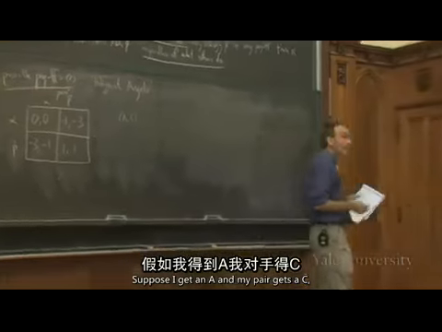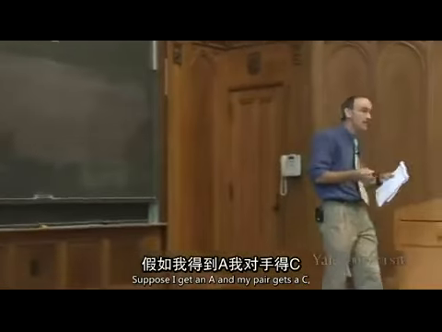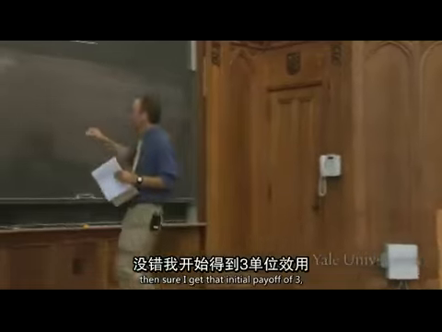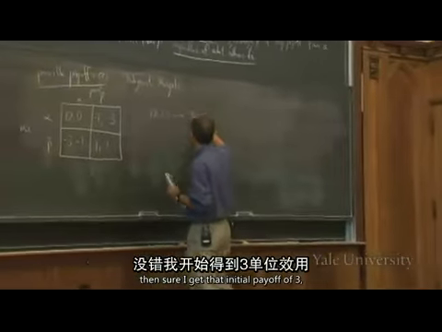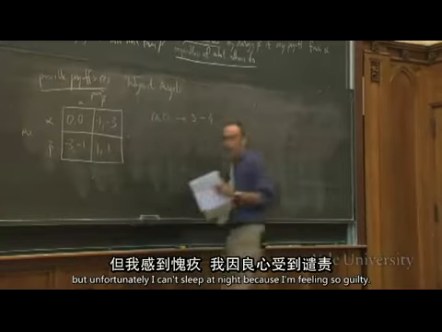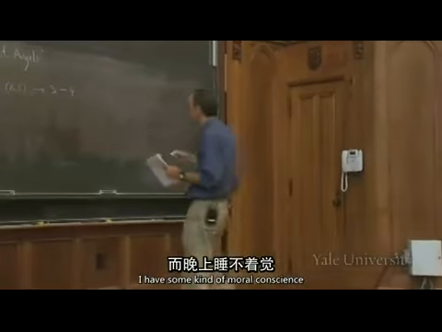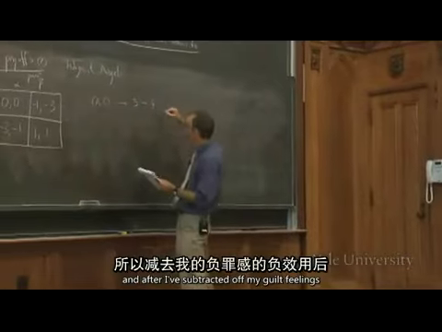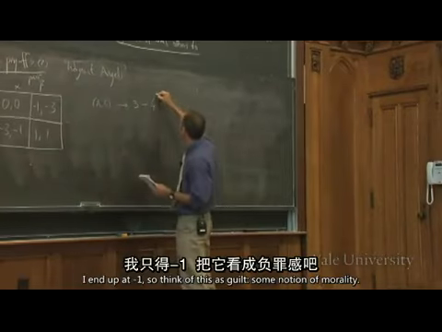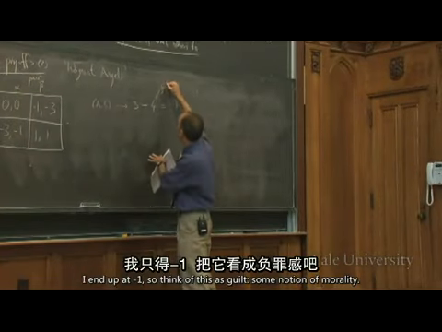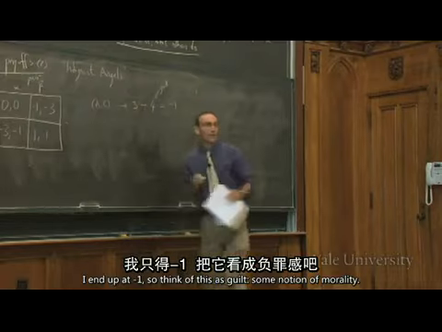Suppose I get an A and my pair gets a C, then, sure, I get that initial payoff of 3, but unfortunately, I can't sleep at night because I'm feeling so guilty. I have some kind of moral conscience, and after I've subtracted off my guilt feelings, I end up at -1. So think of this as guilt, some notion of morality.